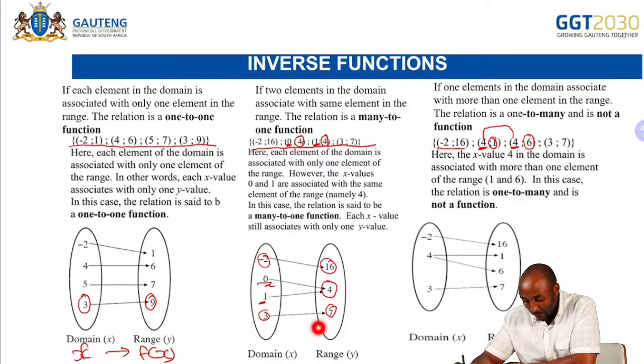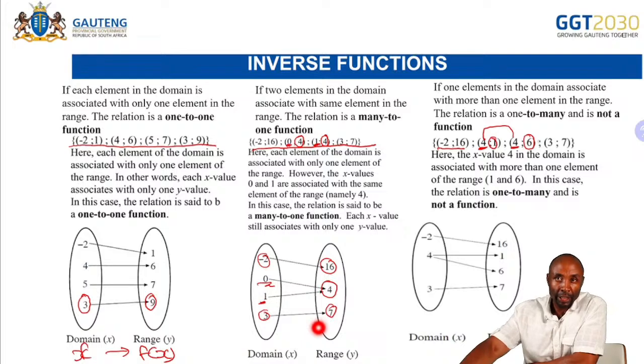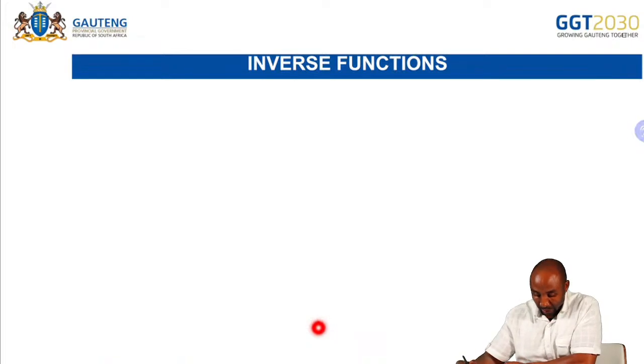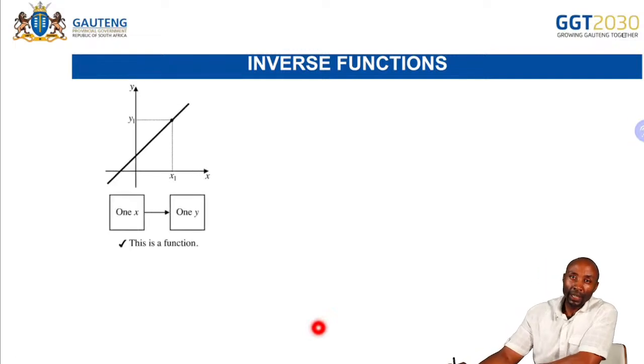And if it is a one-to-many, then we say this is not a function, but a relation, using our mathematical definition of a function, where we are using domain and range. We move on, and I want us to illustrate this using graphs.